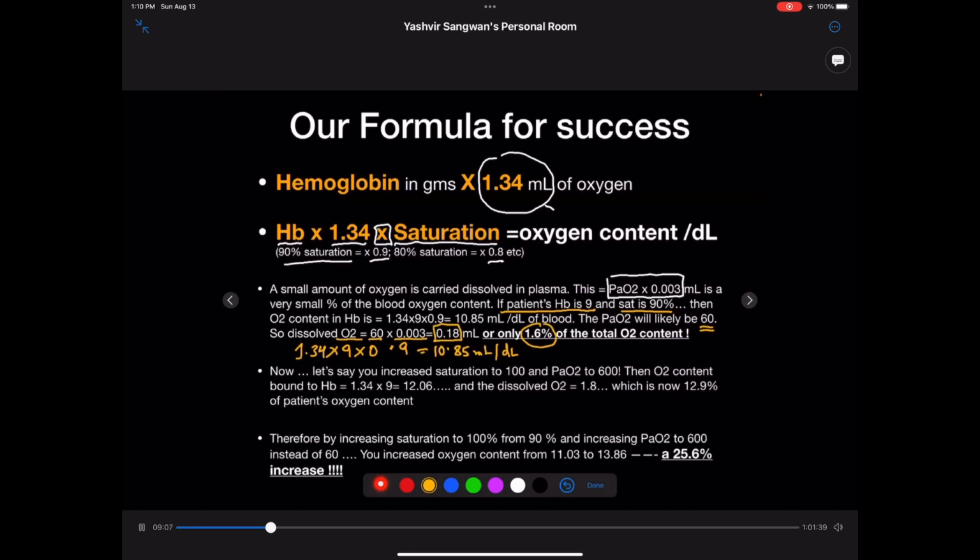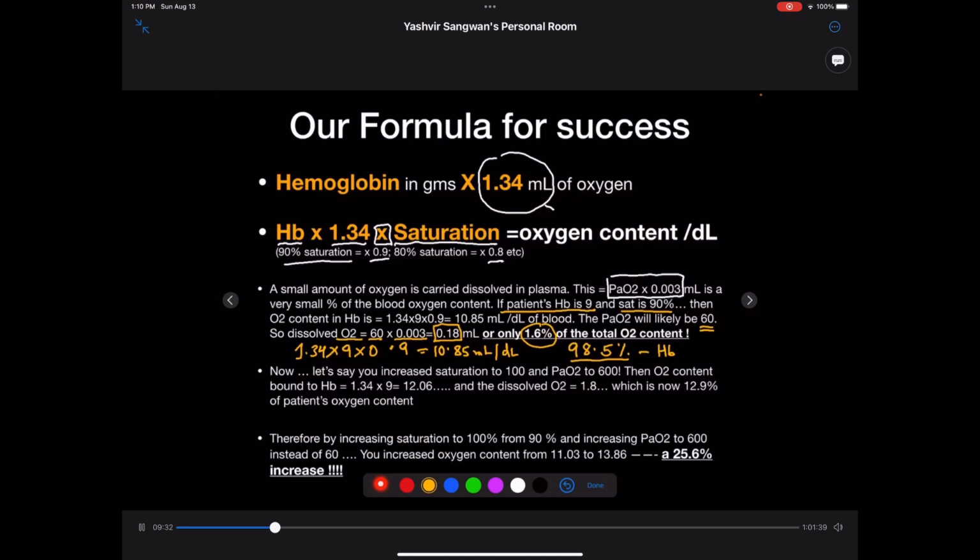That means in a normal state, even if your hemoglobin is 9, normally it is 15, almost 98.5% of oxygen that is carried by your blood is carried attached to hemoglobin, and only about 1.5% is actually dissolved in the plasma.